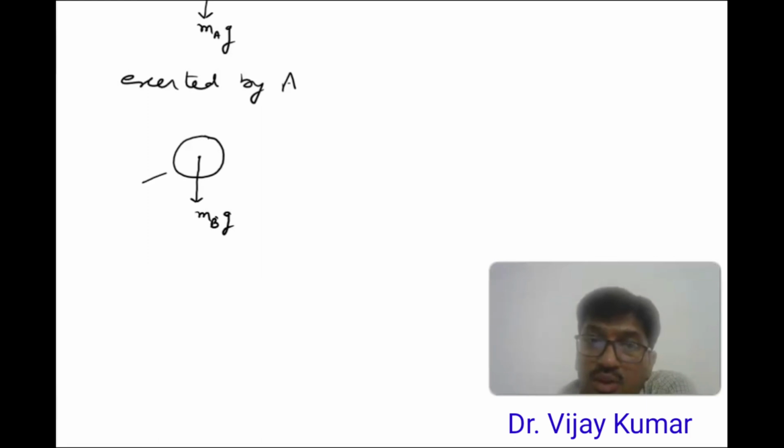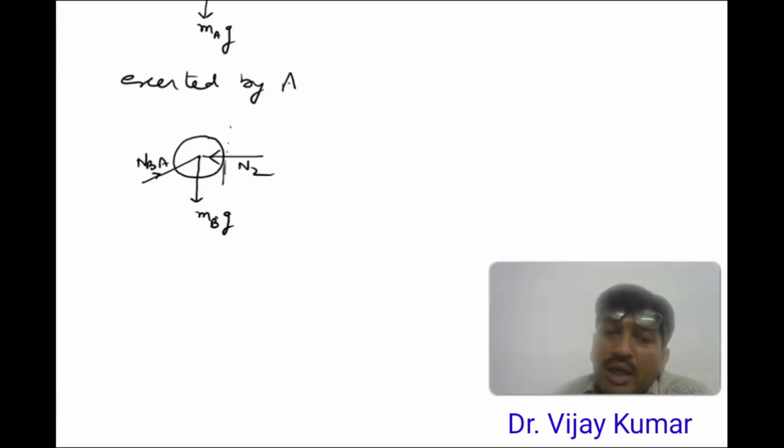Now the normal force should be from A to B. We can take it as NBA. And due to the wall, a normal force N2 should work. So here NAB and NBA are action-reaction pairs which follow Newton's third law. This is case number 2.